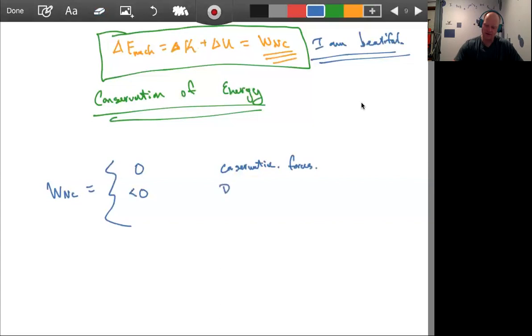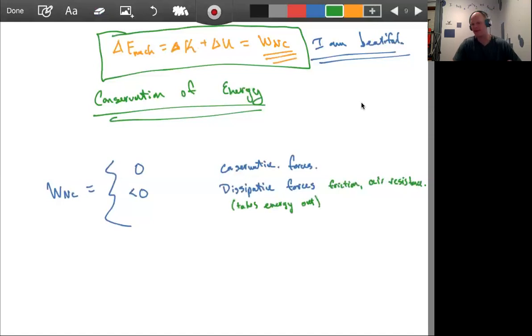It can be less than 0. This is what we call dissipative. Anytime I have dissipative forces, this thing's going to be less than 0. Dissipative forces will be things like friction forces, friction, air resistance, etc. Anything that's artificially taking energy out of the system. This could also be something like tension.